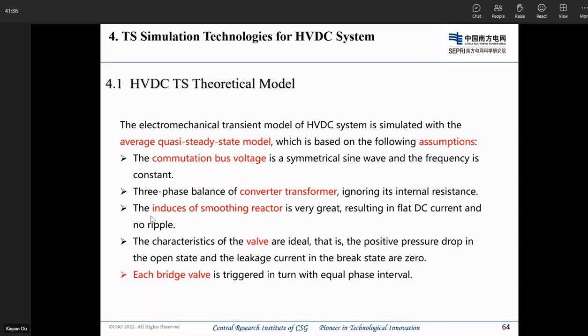Also the impedance of the smoothing reactor is very great, so there is no leak of the DC current. Another is that the character of the valve is very ideal, and each valve is fired in turn at the same time.